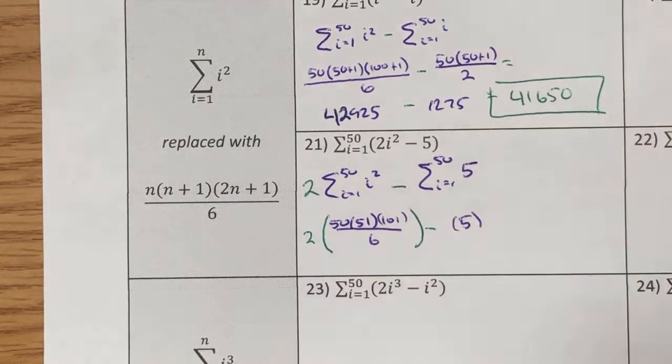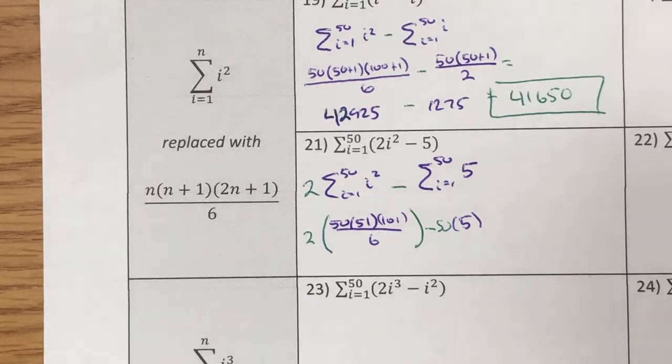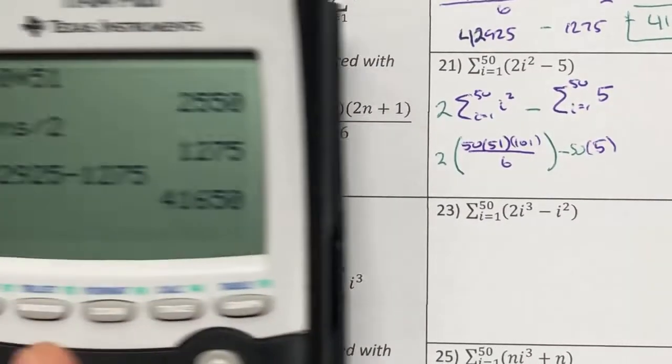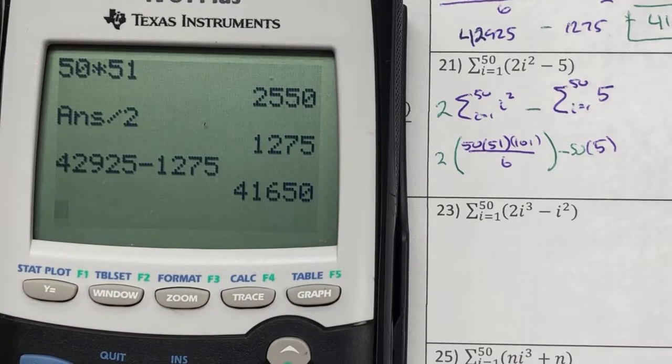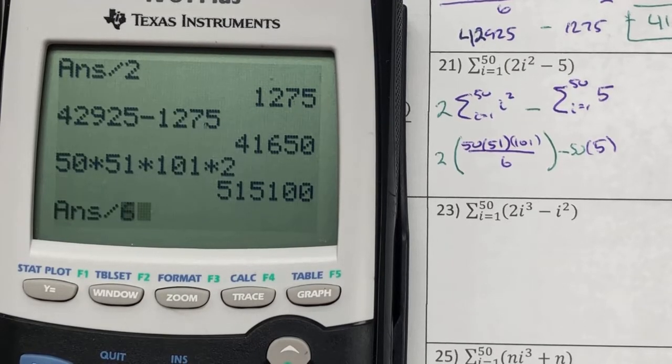For this, it's going to be 5 times 50. Let's see what we get on this. 50 times 51 times 101 times 2 divided by 6.